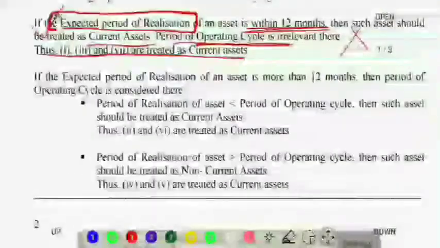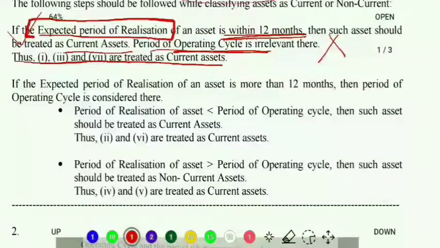Step number 2. If the expected period of realization of an asset is more than 12 months, then the period of operating cycle has to be considered here. Very important. For checking that, we have 2 conditions.